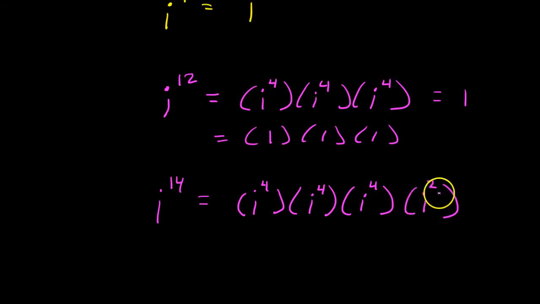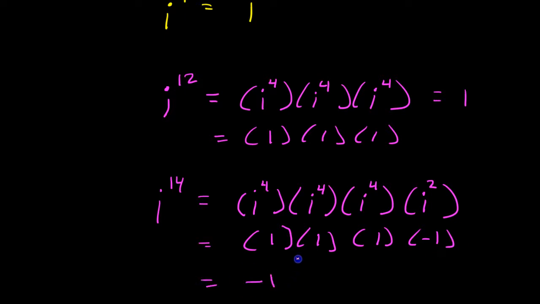All together that makes 14. So this would be 1 times 1 times 1 times -1, so the answer to that would be -1. This is what we mean by simplifying i raised to a power.